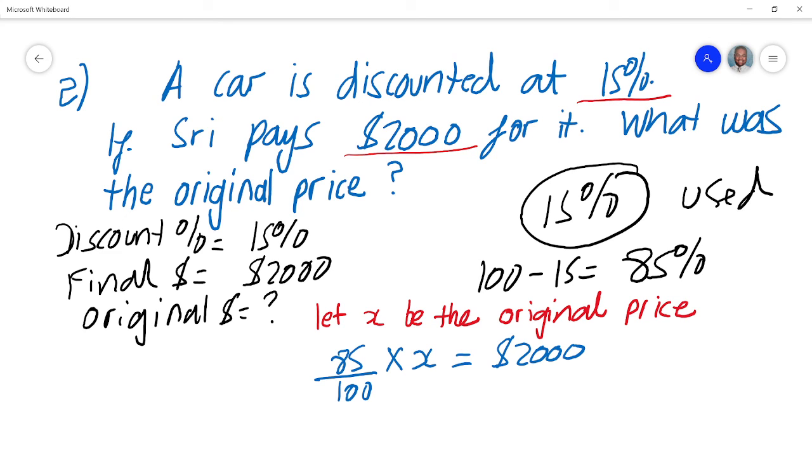That's what that expression tells you. So 85 over 100, or 85% times x, is equal to $2,000, and that's now going to be 0.85x equals 2,000. So x is now going to be 2,000 divided by 0.85.